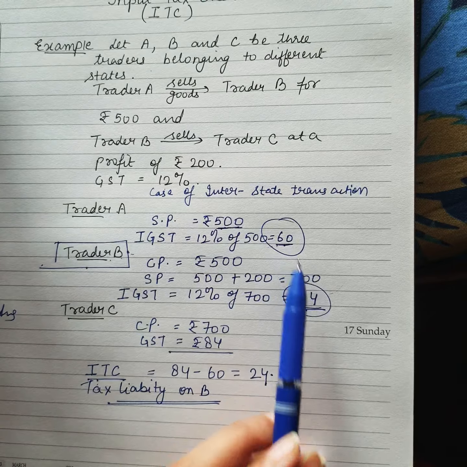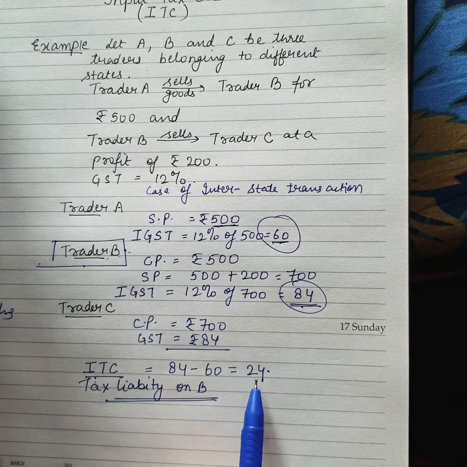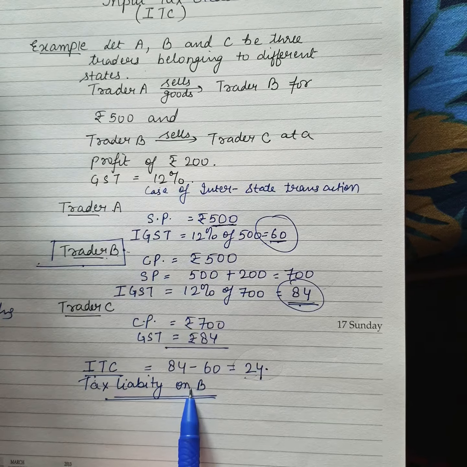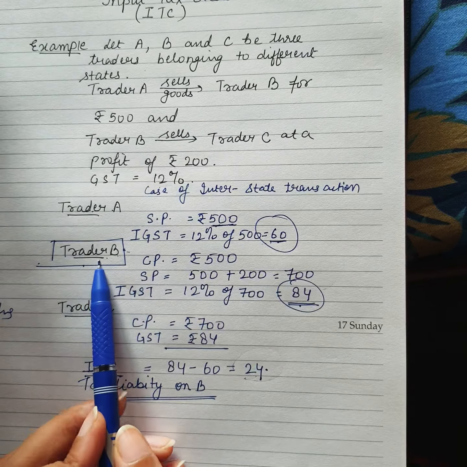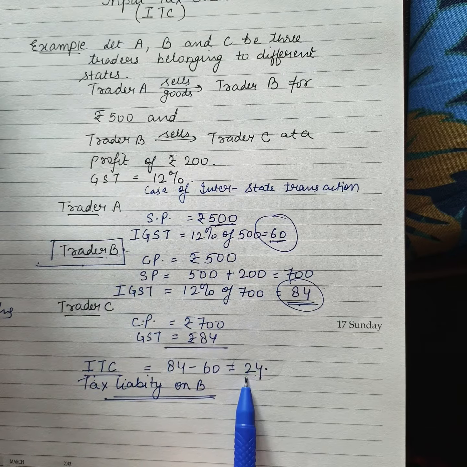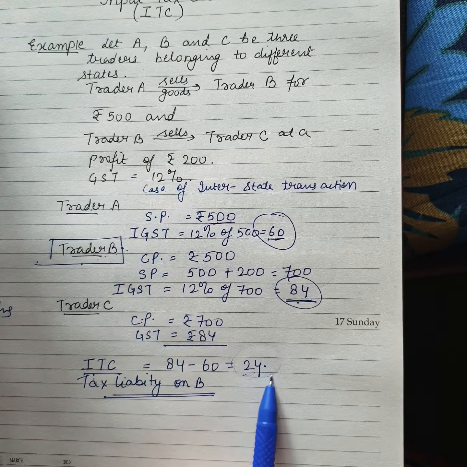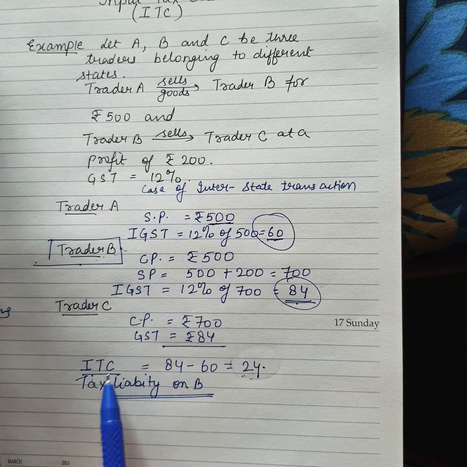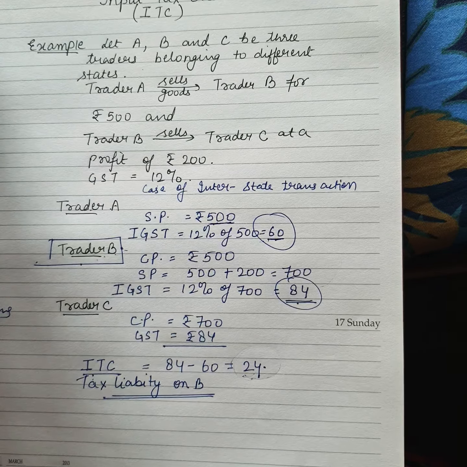So the difference in both the GSTs will go back to the government, and this tax liability on B, that means trader B will send rupees 24, the difference in the tax, back to the government, and this difference is known as input tax credit.